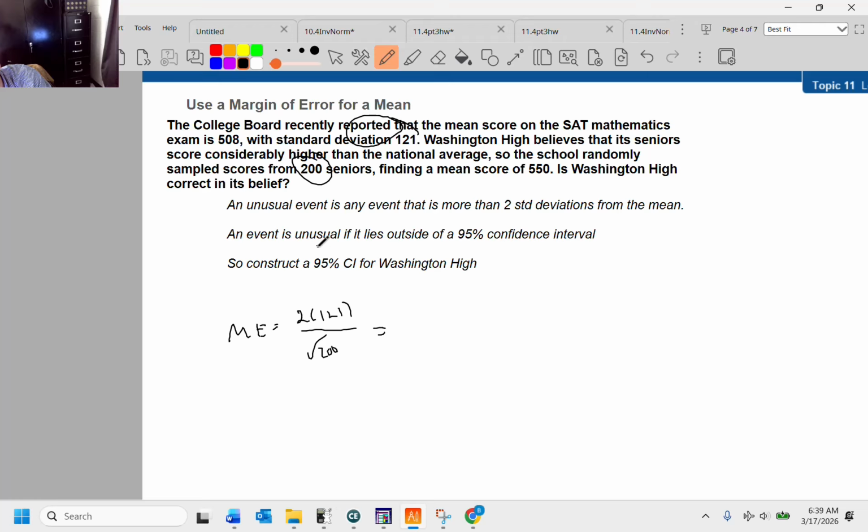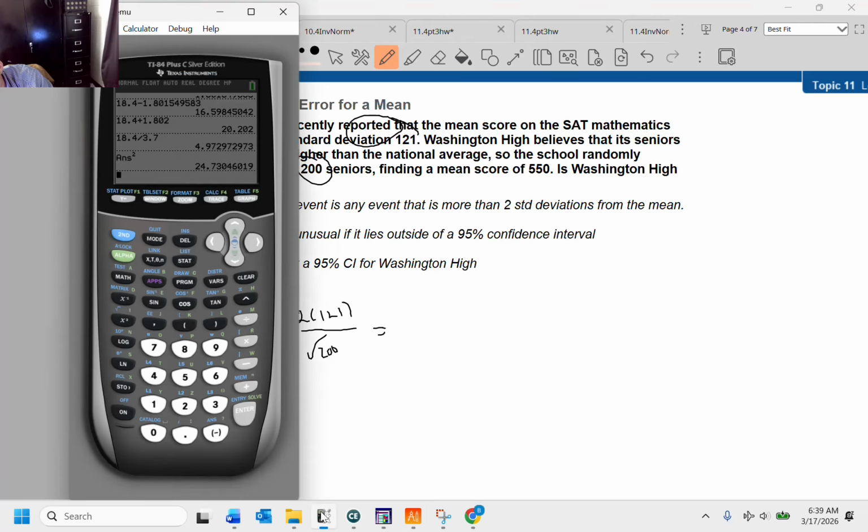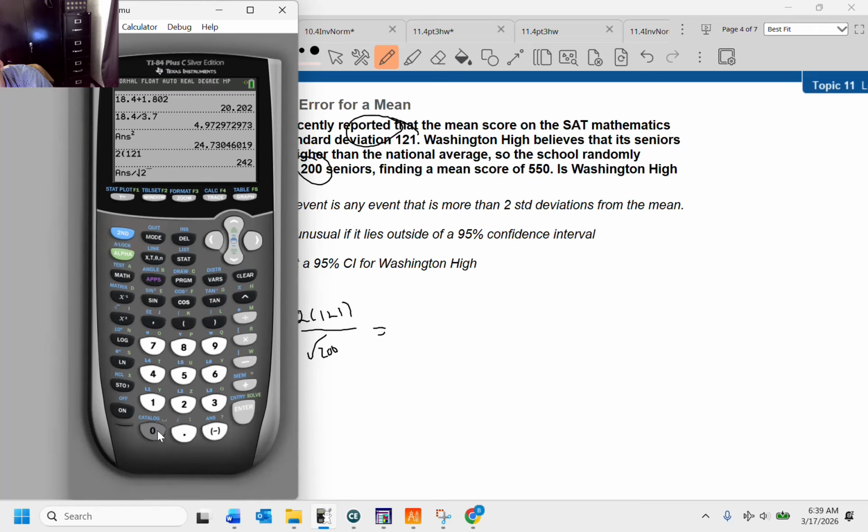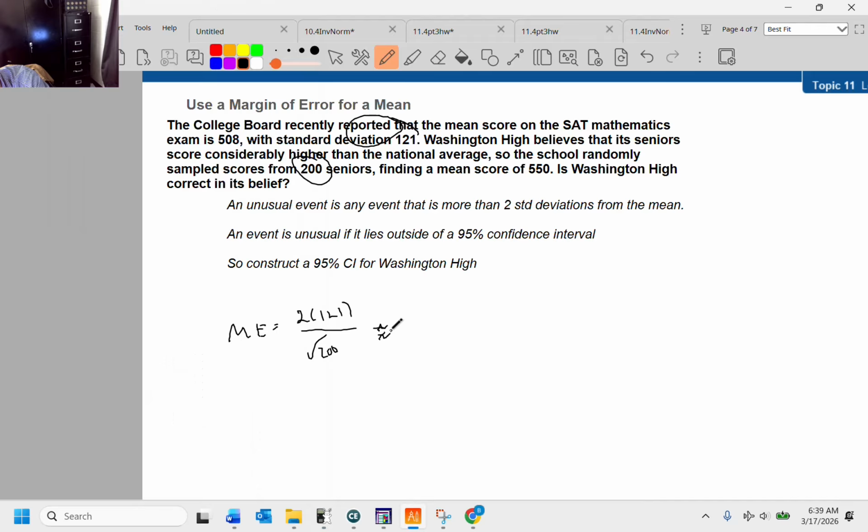It's going to give me 242 over root 200, but who cares about that? We're just going to push some buttons. 2 121s sitting pretty over the root of 200. We'll say that's roughly 17.1, okay? Yeah, let's do two digits, 17.11.